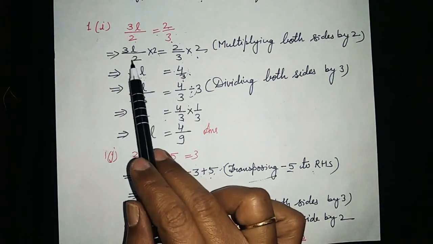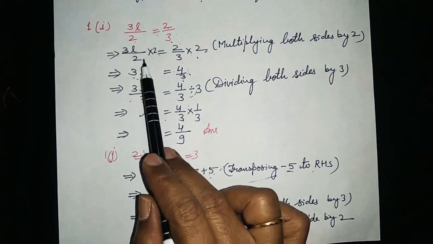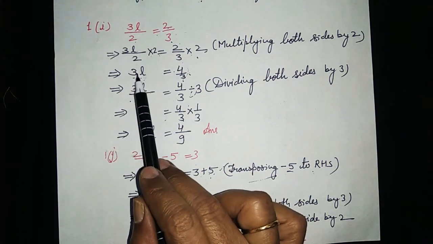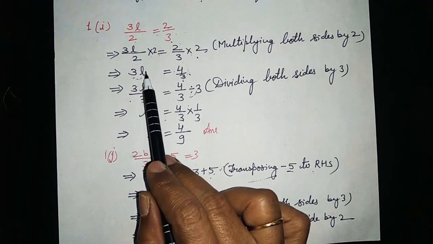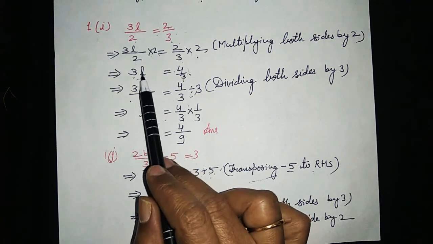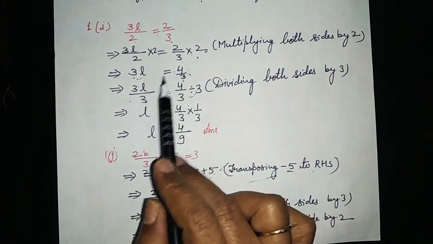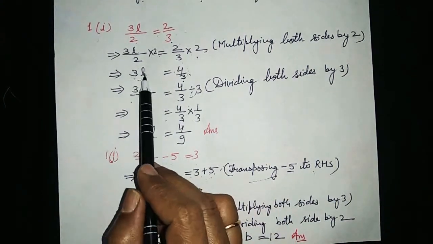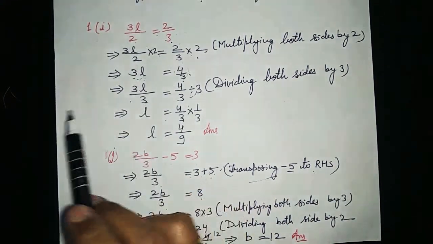Now from denominator we have removed 2. Now this 3 we have to remove, and we have to calculate the value of the variable L. Now you will divide both the sides by 3. So 3L divided by 3 you will do.